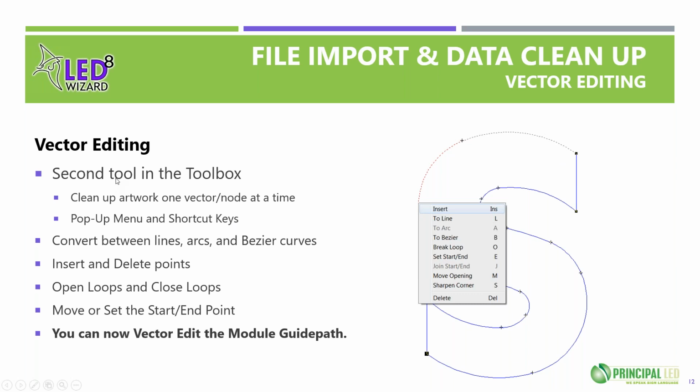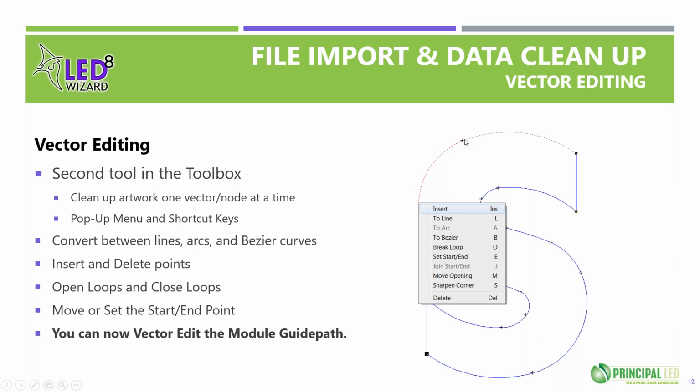Okay, just real quick before I get into the software. One of the tasks that you might be faced with in some files is vector editing, and I hope to have time at the end to talk about some of this. But vector editing just means you go into the vector edit tool, which is the second tool on the left side in the toolbox, and in this mode, you can see the individual vectors.